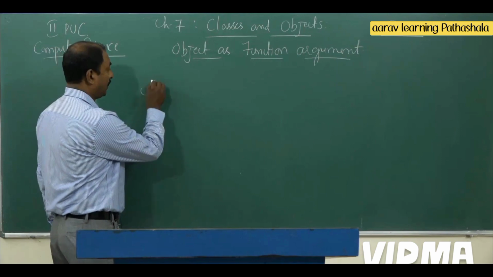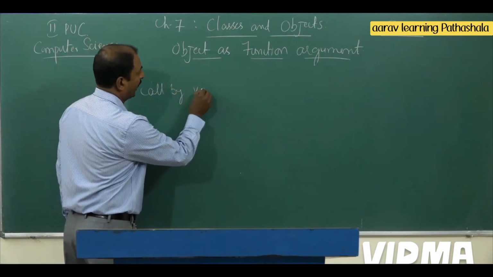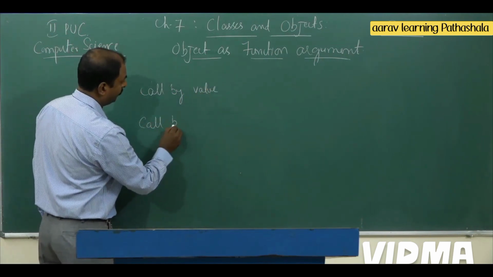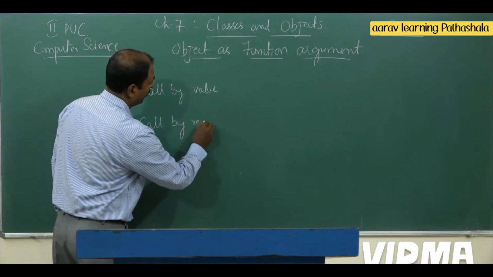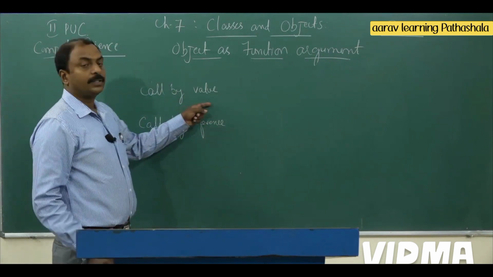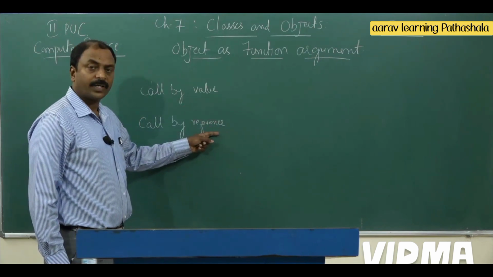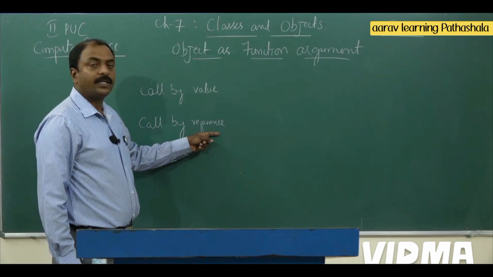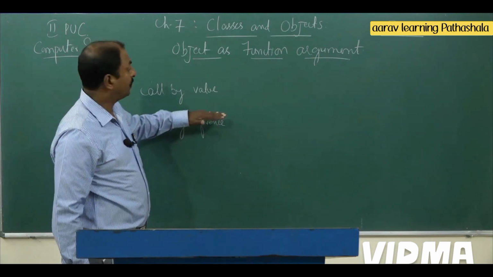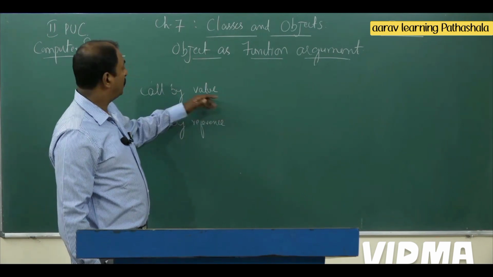One is call by value method and the second one is call by reference method. These are two types by which we can invoke a function defined in a program or inside the class.